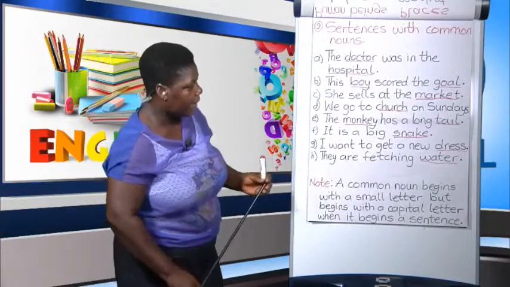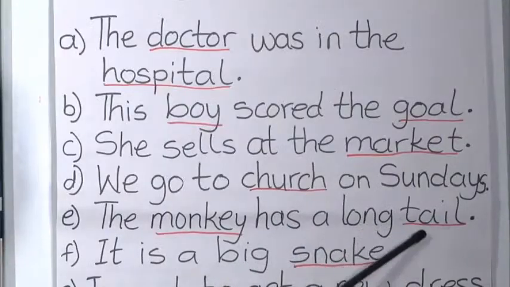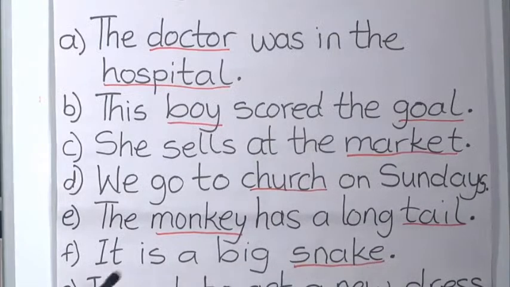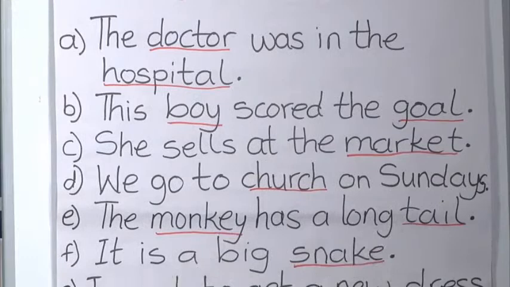All right, so we come back. The monkey has a long tail. We have monkey and tail beginning with small letters. It is a big snake. Snake also begins with a small letter.